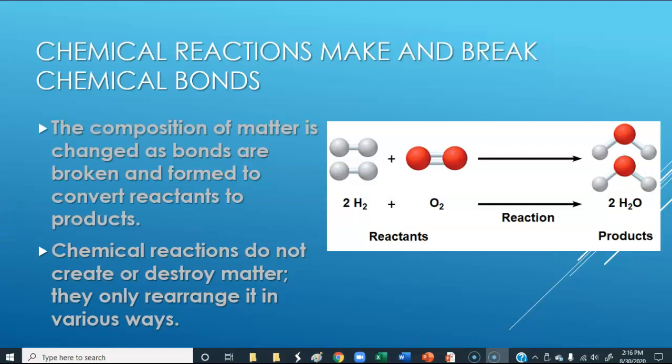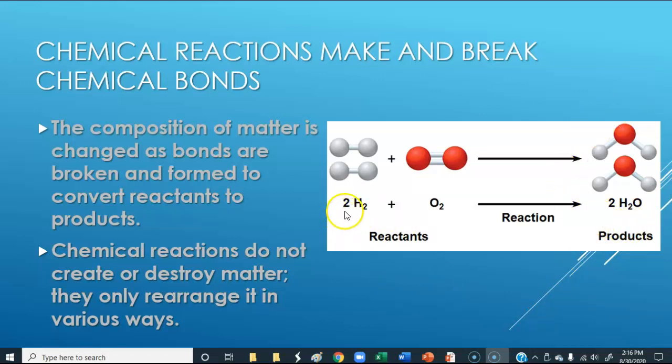Chemical reactions are involved in making and breaking those chemical bonds. You can have molecules that you can combine together to make other molecules. Sometimes, as in the case that's shown here in the white box, you have molecules of different elements, like hydrogen and oxygen, that can combine to make molecules of a compound like water.